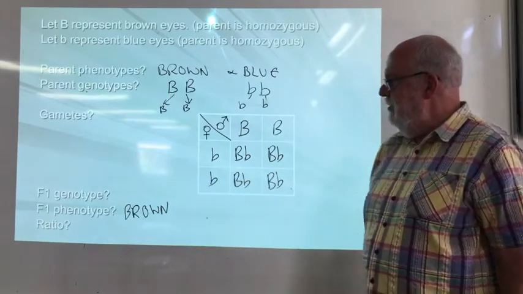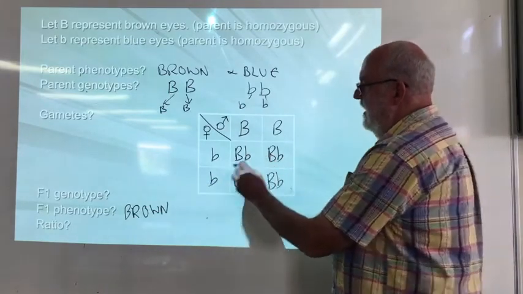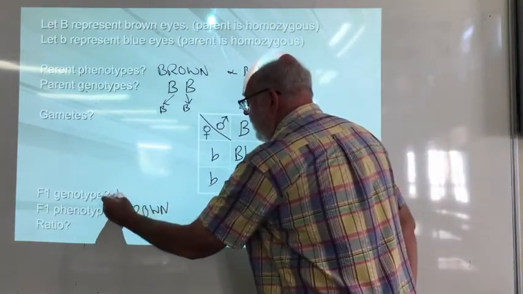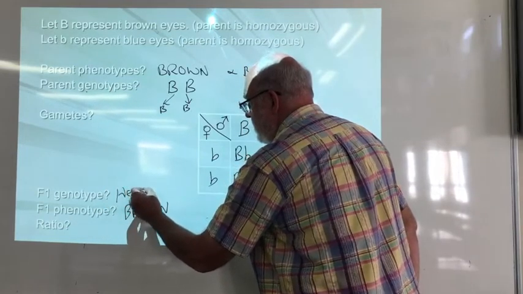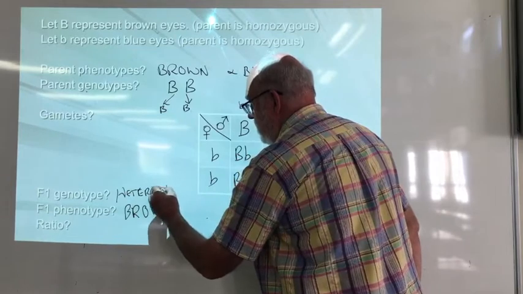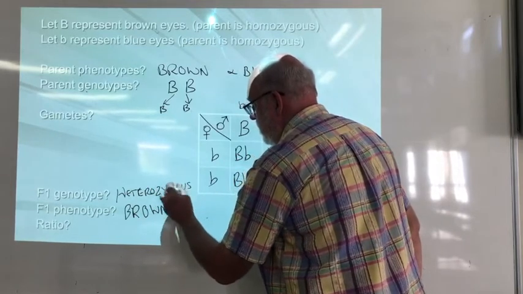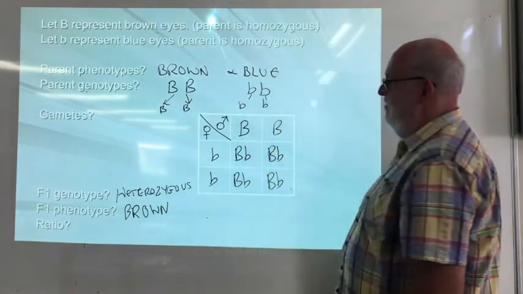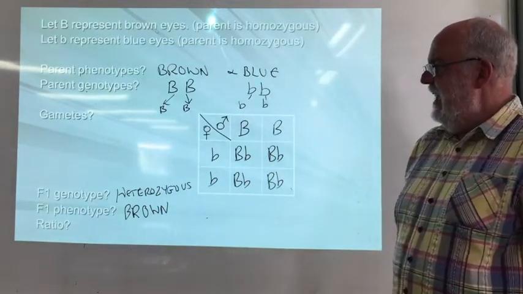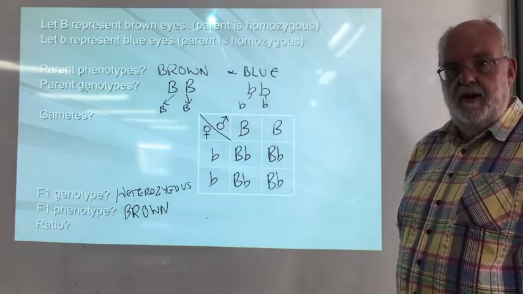The genotype is going to be something called, I can't spell, heterozygous. So it's heterozygous for brown eyes.